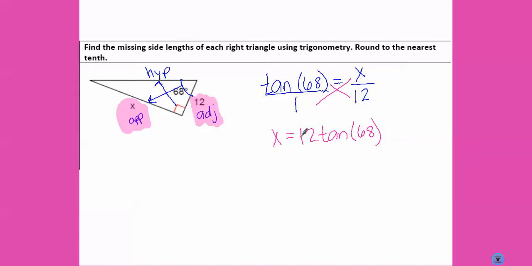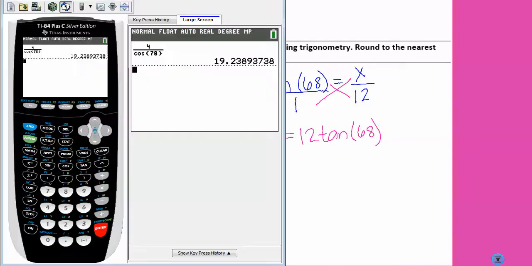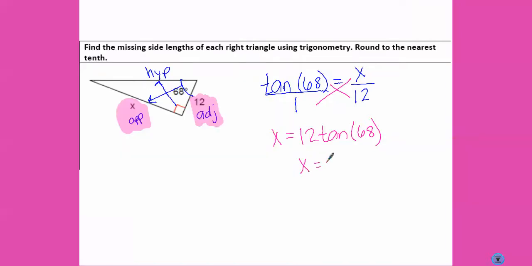And since x is by itself, we just go ahead and type that in our calculator. 12 tangent of 68. And we get that x equals 29.701.